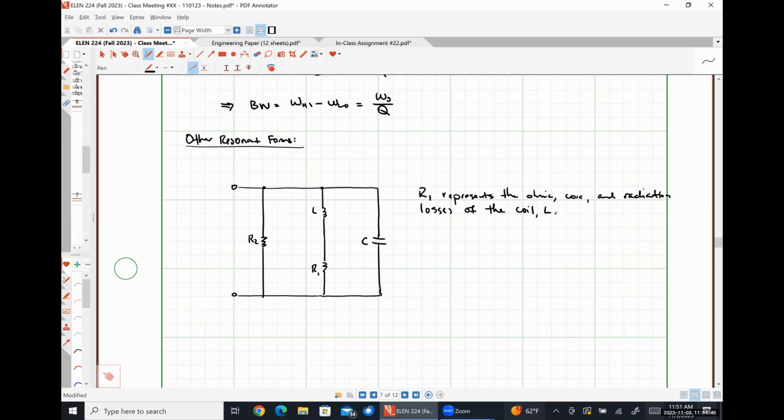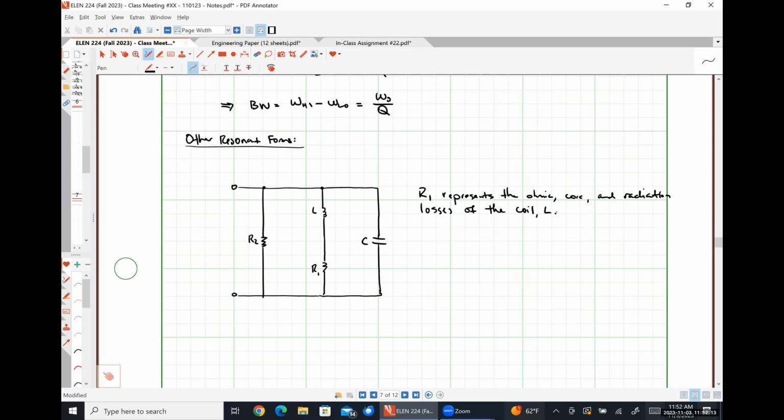We also have core losses. What that means is effectively whenever we have an inductance with a ferromagnetic core, when we excite this at a sinusoidal frequency, we are going to be causing the magnetic dipole moments of the ferromagnetic core to align and then disalign with each other, and this requires energy.